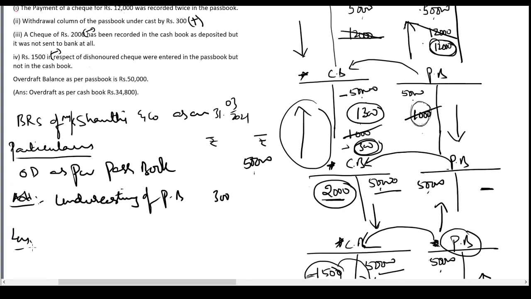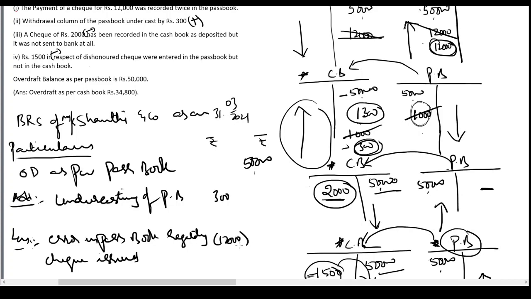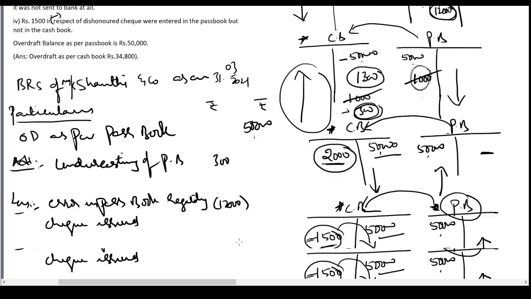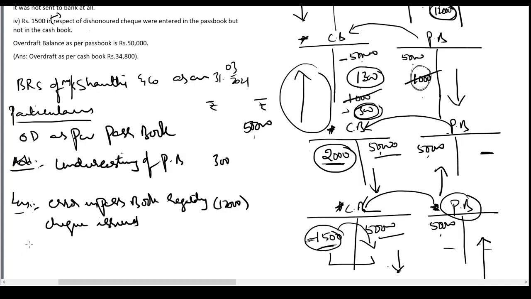Less: error in passbook regarding check issued, 12,000. Then check not sent to bank.